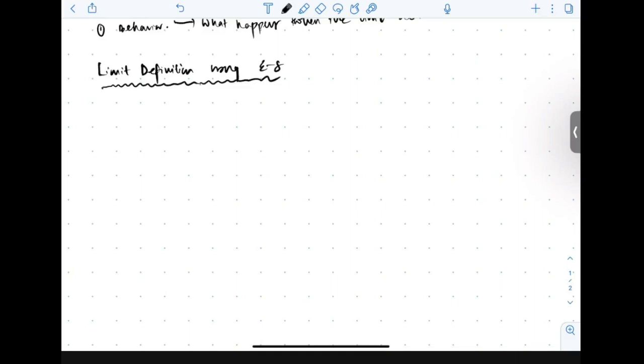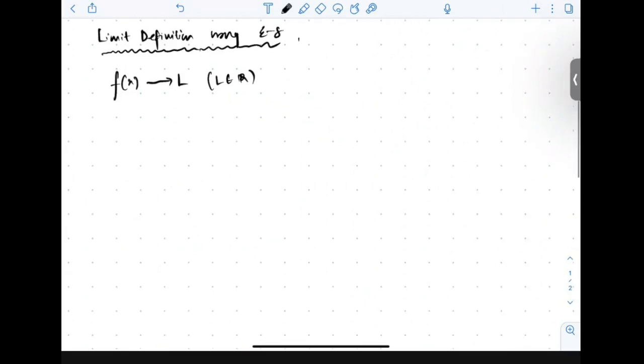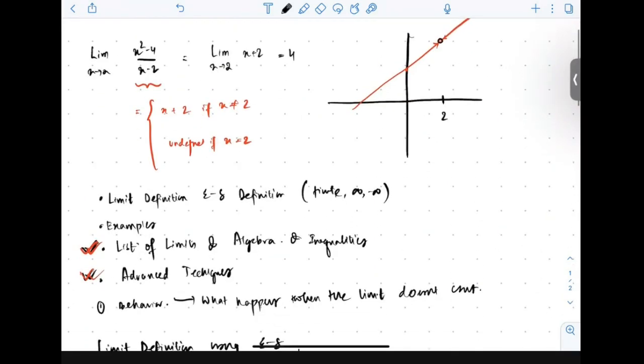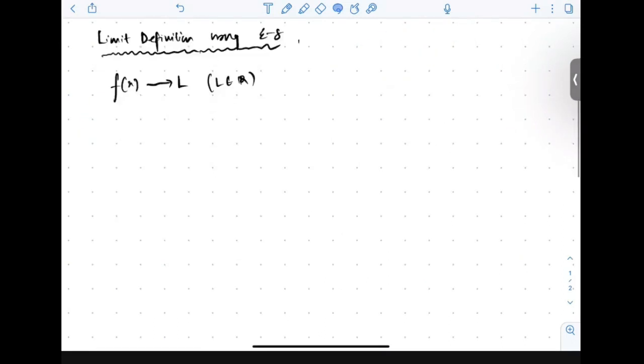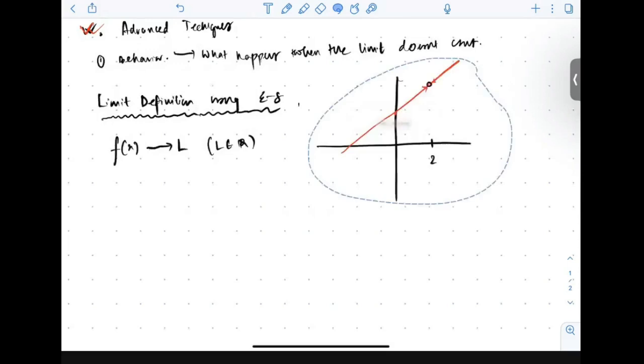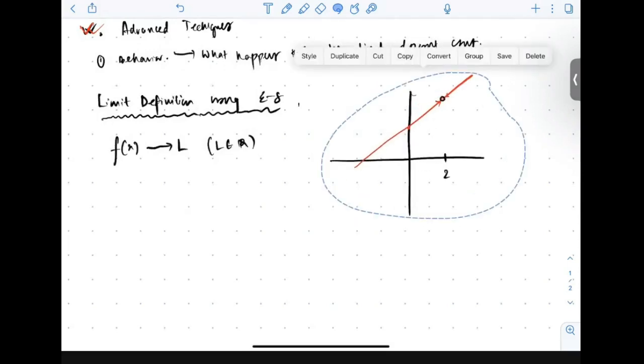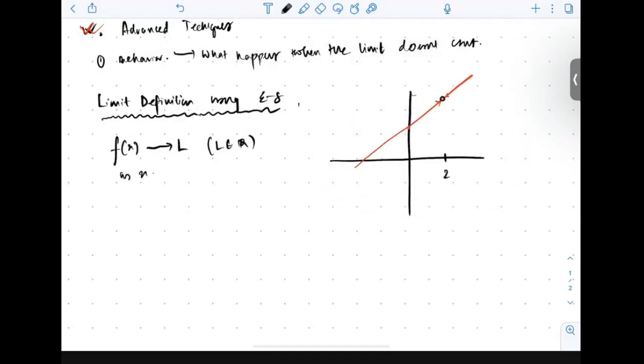So let's go to the limit definition using epsilon delta. I am assuming that f(x) is tending to a limit L, where f(x) is a function. What exactly do we mean when we say that f(x) is going towards a limit L? The meaning is very simple. Observe that as x tends to c, the function at that point c may not exist.